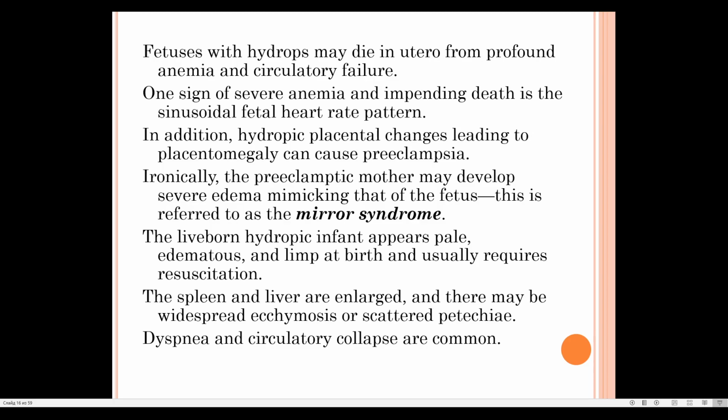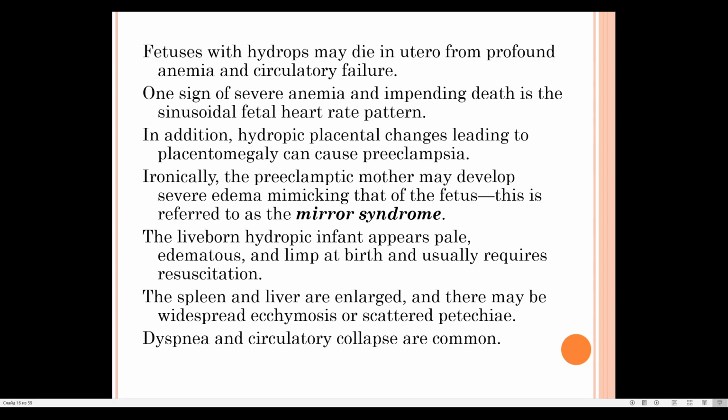Fetuses with hydrops may die in utero from profound anemia and circulatory failure. One sign of severe anemia and impending death is the sinusoidal fetal heart rate pattern. In addition, hydropic placental changes leading to placentomegaly can cause preeclampsia.